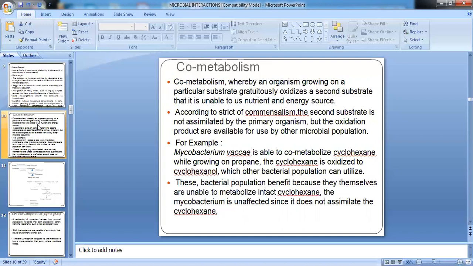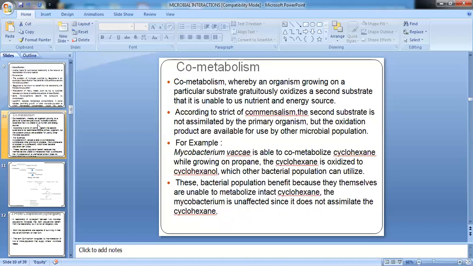In co-metabolism, again understand there are two organisms, because what we are studying is a part of commensalism. So two species are participating in this. One species is not being affected, one is being positively affected. Out of the two species, there is one species which metabolizes a substrate for its growth.